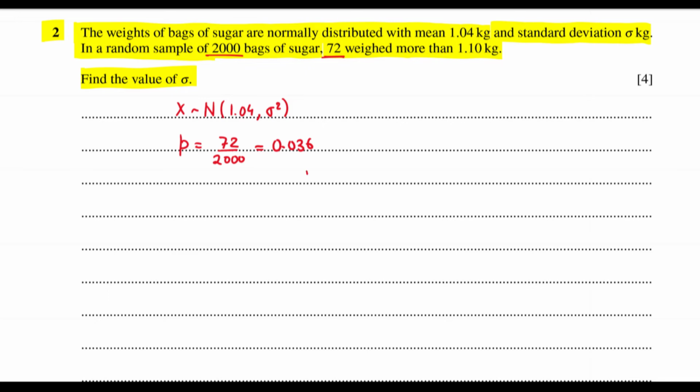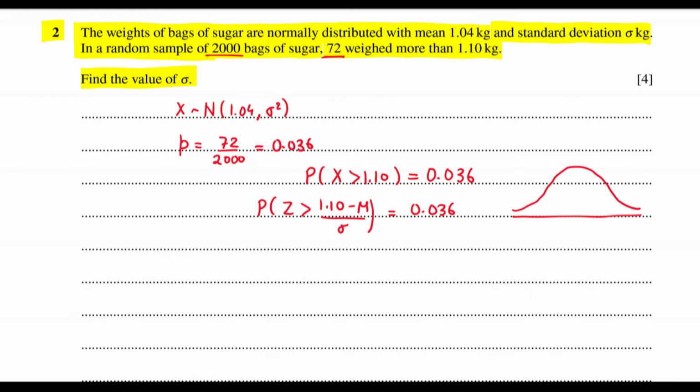The probability that x is more than 1.10 is 0.036, and we know that if it is greater than, so if we convert it into standard normal distribution, it would be probability of z greater than (1.10 minus mu) upon sigma is going to be 0.036.